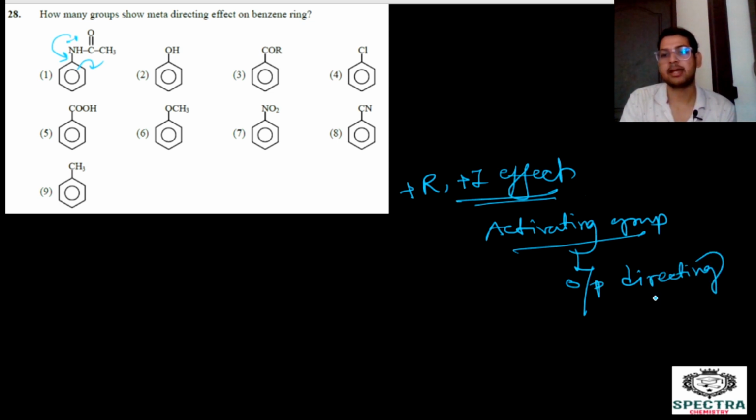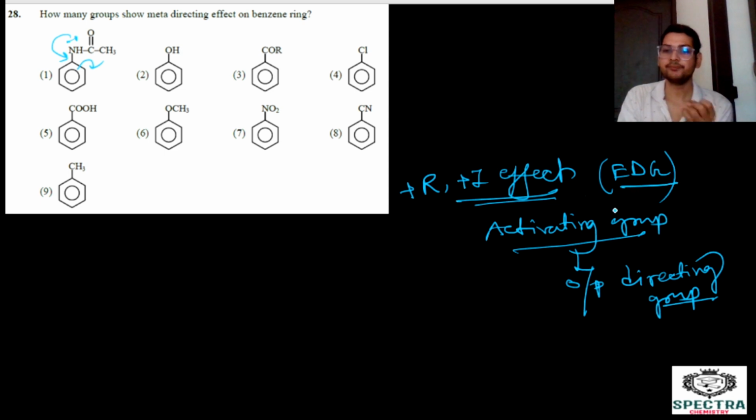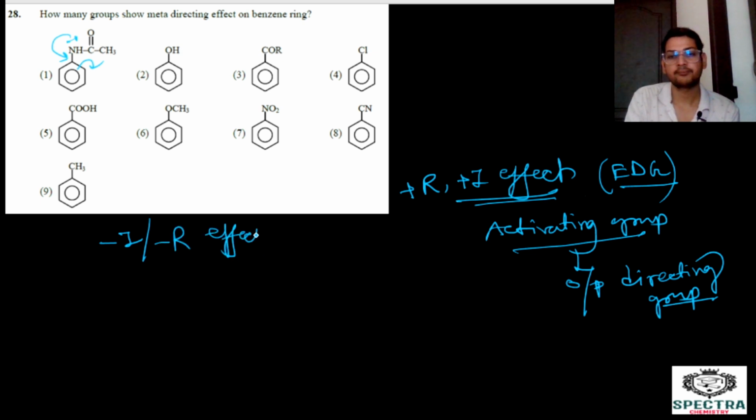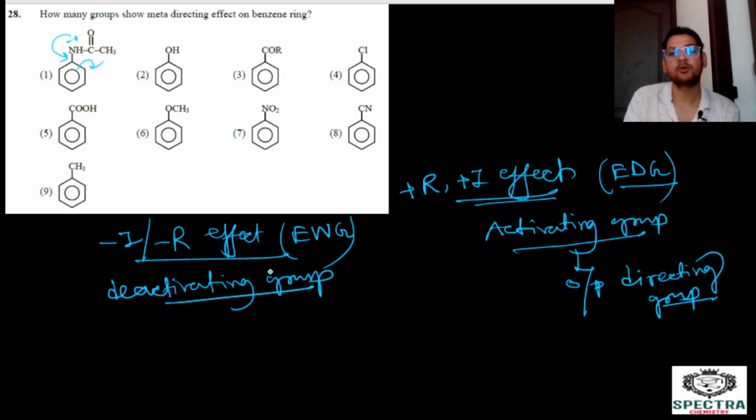That means we can say electron donating group. Whoever is having minus R or minus I effect, that means electron withdrawing group. Electron withdrawing groups are deactivating groups, and deactivating groups are meta directing groups.